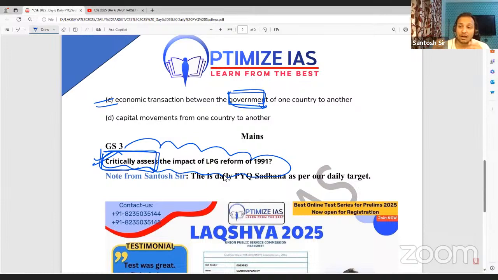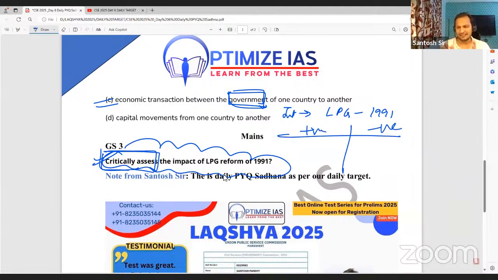So how will you write the answer? First, you will write the introduction, in which you talk about the LPG reform introduced in 1991. What was it? It was liberalization policy, privatization policy, and opening of the economy, which is globalization policy. And then the positive impacts and the negative impacts.